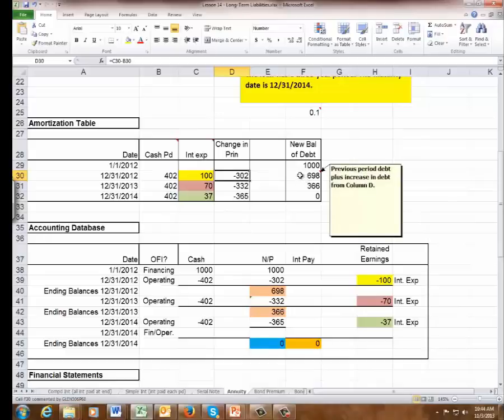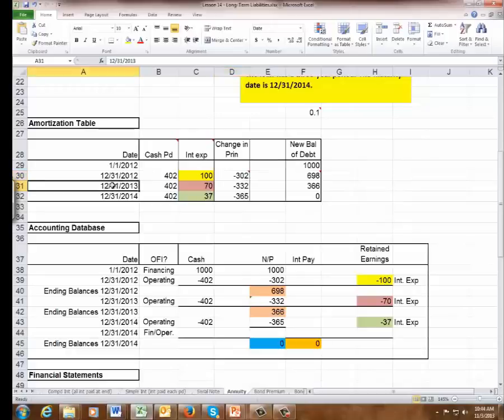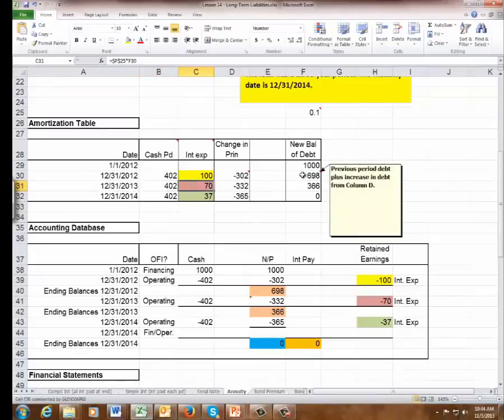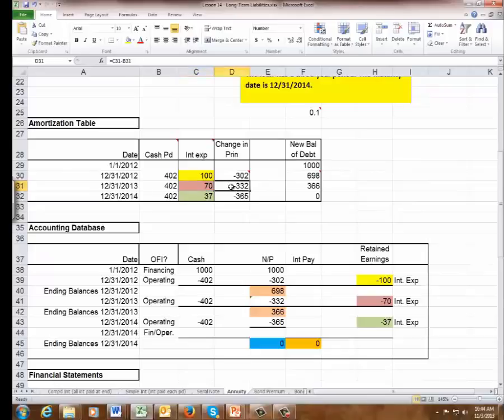At the end of the next period, on 12/31/2013, we pay again the annuity amount, 402. Interest is 10% of the previous amount borrowed, so 10% of 698 is 70. The change in principal there, we knock off an extra $30 of principal compared to this period, and so our principal falls down to $366.